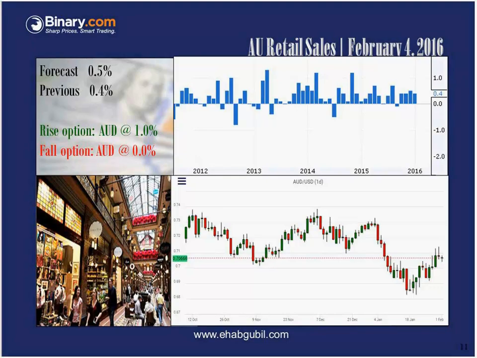The deviation that we are looking for, for this Australia retail sales monthly release, is a minimum of 0.5%. So if we get 1% or better, we will look to make rise option on the Australian dollar. If we get 0% or worse, in minus, we would look to make full option on the Australian dollar.